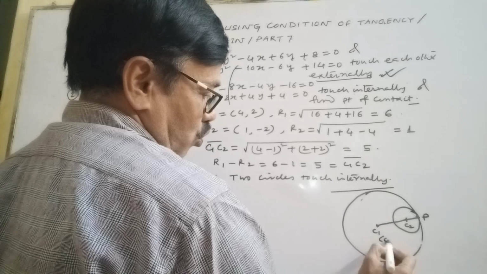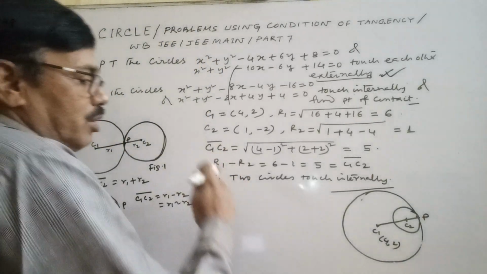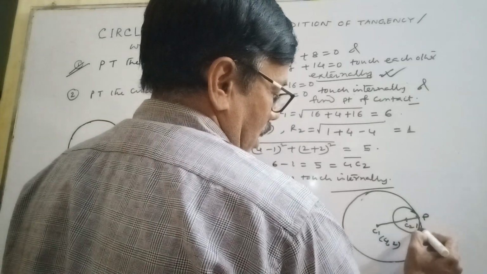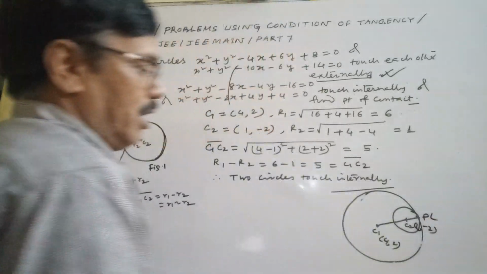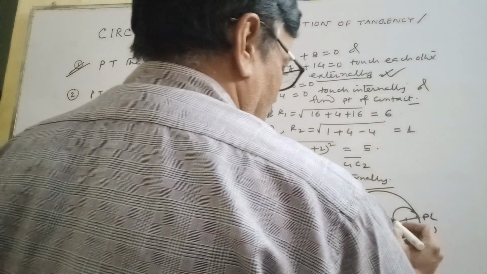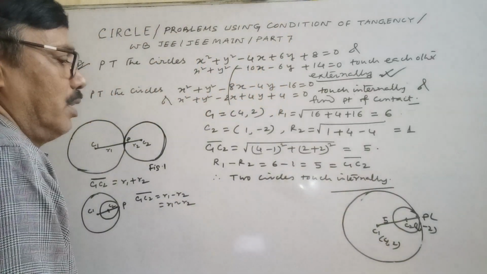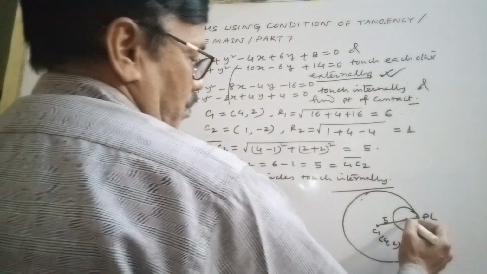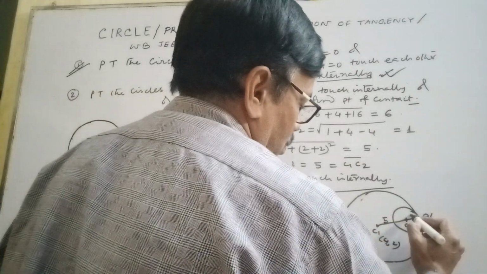This is 4, 2. Coordinate of C2, 1, minus 2. Now the coordinate of P you have to find. Now C1C2 is 5. And C2P, that is the radius of the second circle, is 1. C2P is 1.